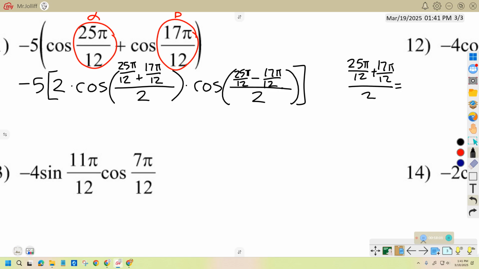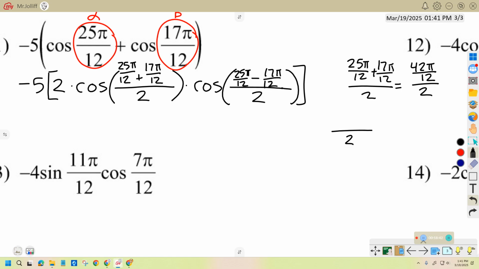In the numerator, what is 25 plus 17? 42. So that's going to be 42 pi over 12 over 2. We're going to reduce the numerator before we deal with the over 2. So in the numerator, what are 42 and 12 both divisible by?